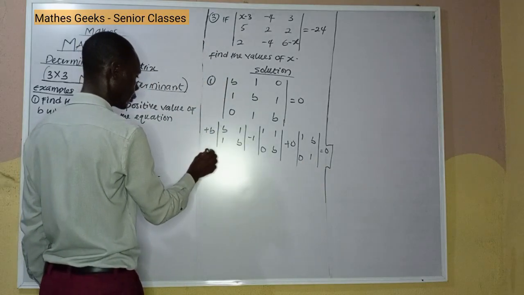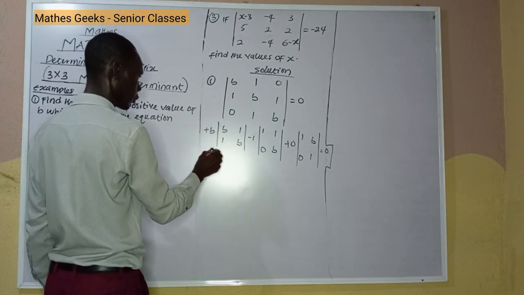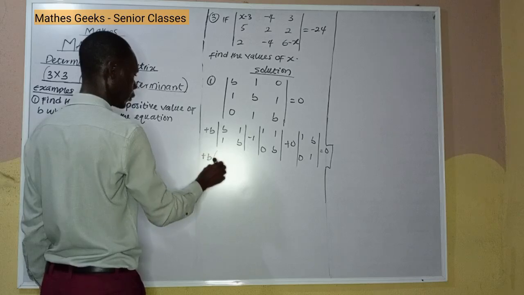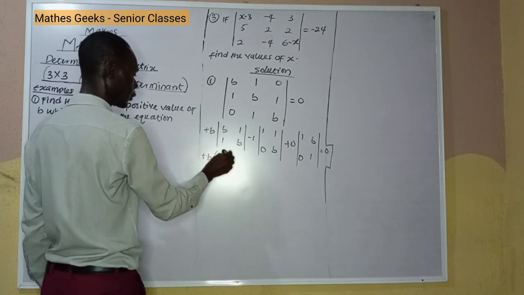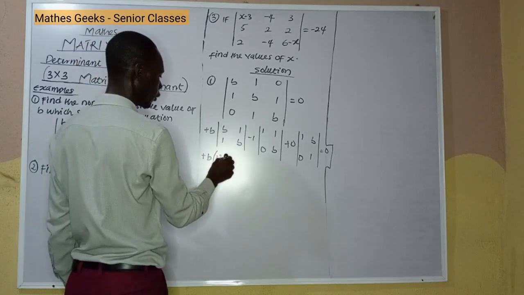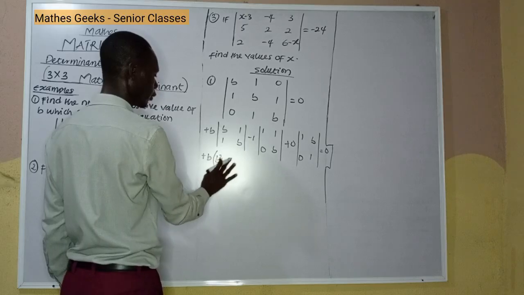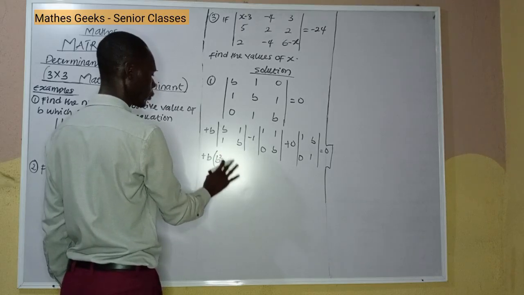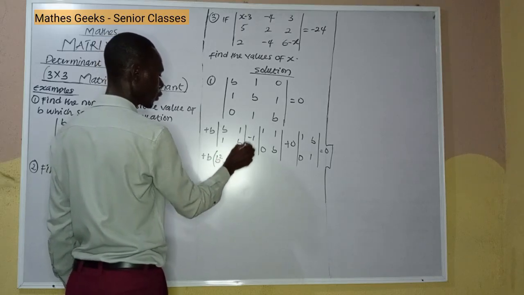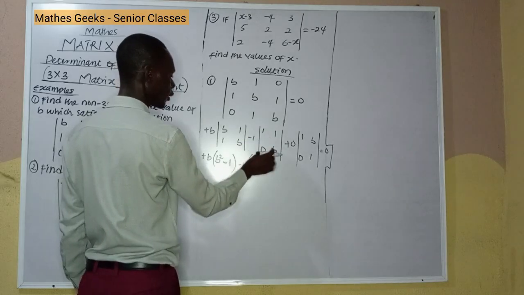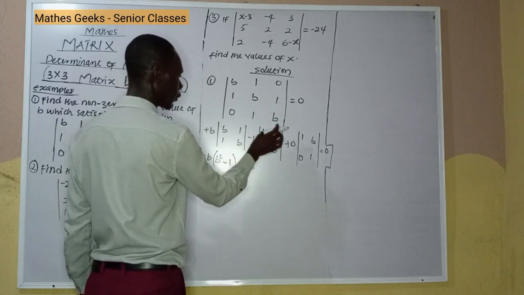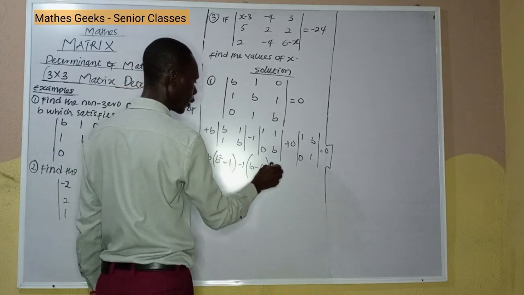So plus b times b is b squared, 1 times 1 is 1, so minus 1. Then minus 1 times (1 times b is b, minus 1 times 0 is 0), so minus b.